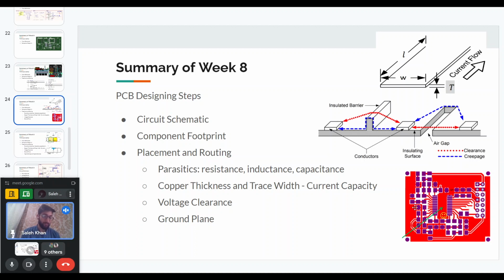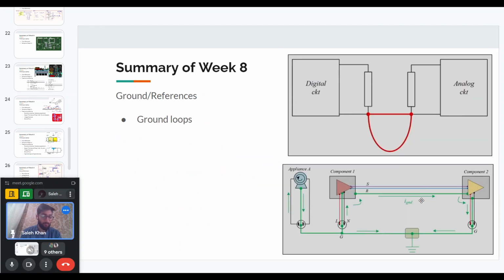On the same layer, one portion is for the connections between the different traces, and then another portion is for the ground. So that can also be done. And then you can have multiple sections, like we saw.